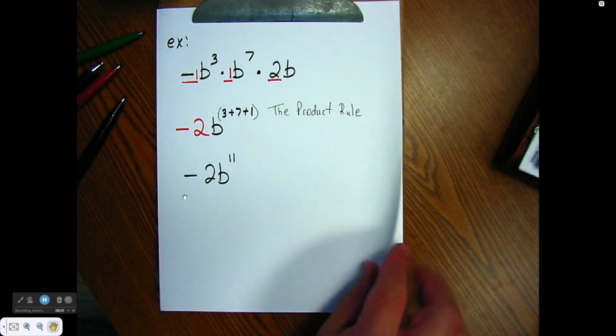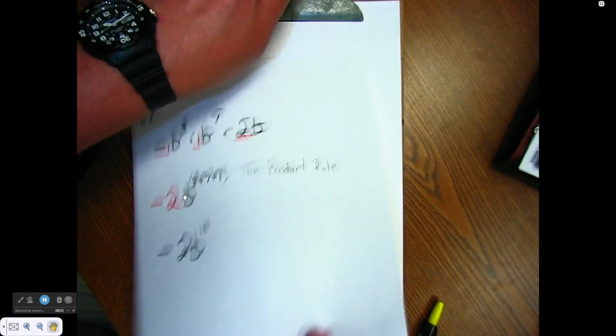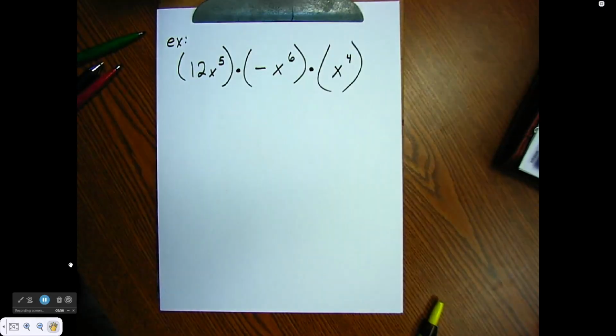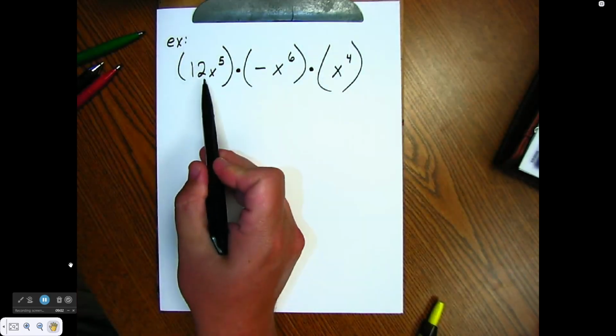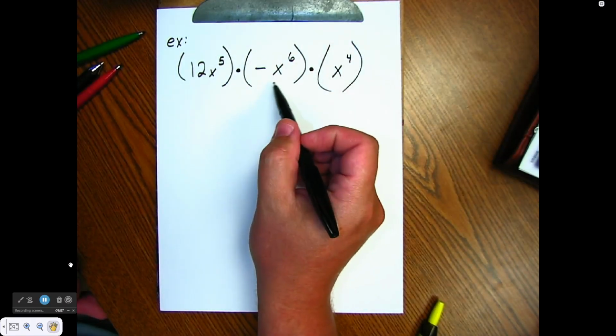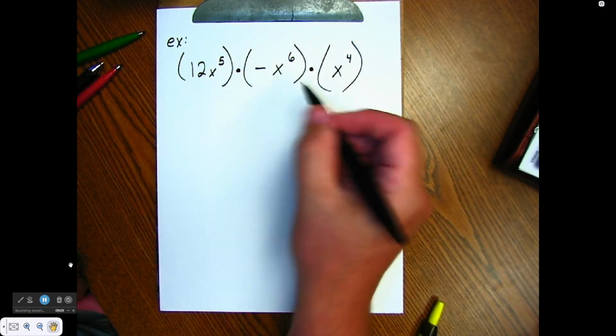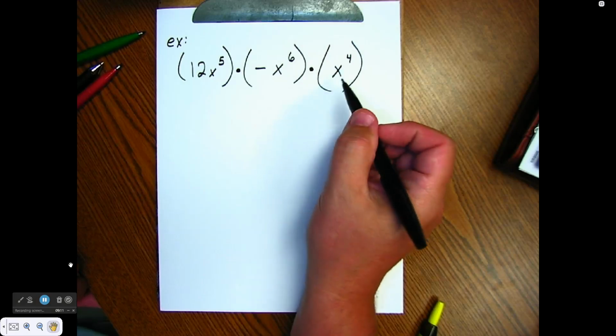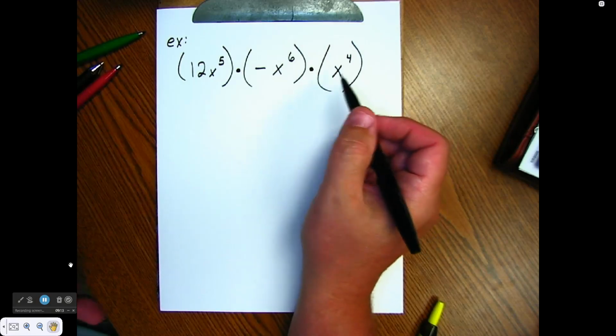Let's do another. In this example, we have the quantity 12x to the fifth times the quantity negative x to the power of 6 times the quantity x to the fourth power.